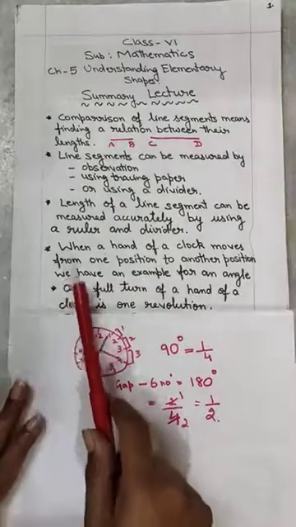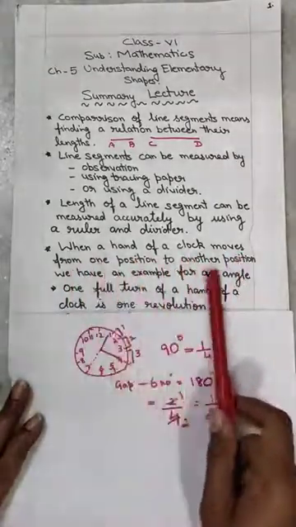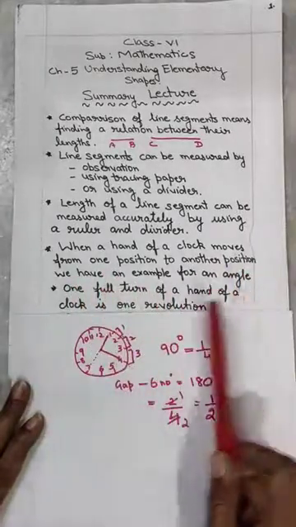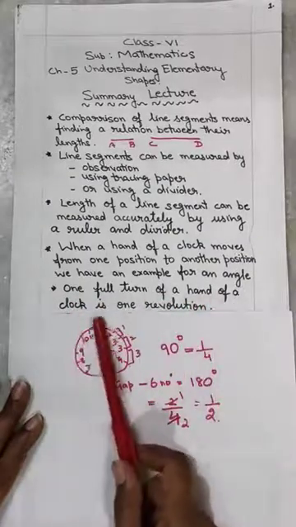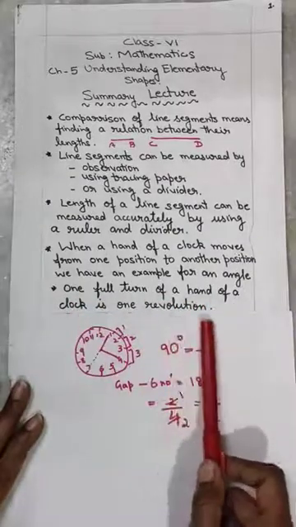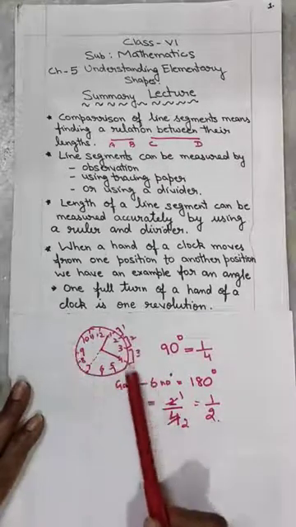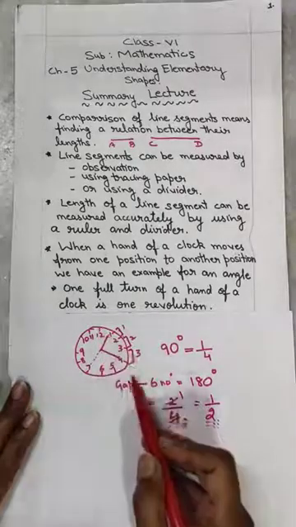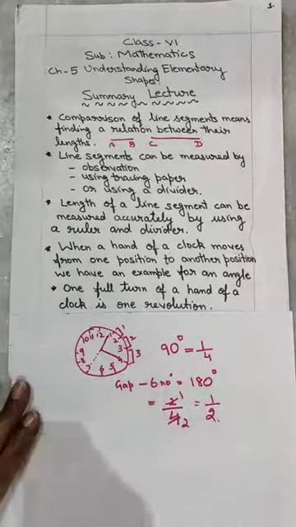Now see, when a hand of a clock moves from one position to another position, we have an example for an angle. One full turn of a hand of a clock is 1 revolution. If the clock hand makes one complete revolution, one full turn, starting from 12 and ending also at 12, that means it took one complete round.